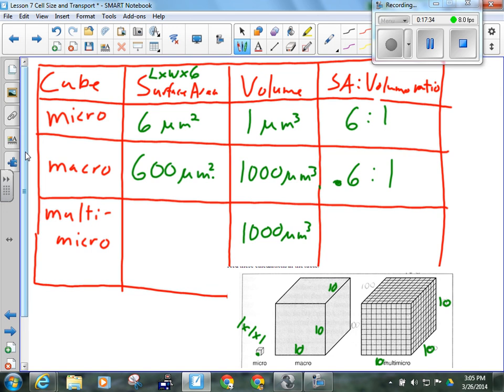So if I want to find the surface area, can I take this surface area, 6 micrometers, and multiply it by the number of micros that are in here? That's right, 6,000. There's 1,000 micros in this thing. So the surface area here is 6,000 micrometers squared. So what's the ratio of surface area to volume for multi-micro? 6 to 1.